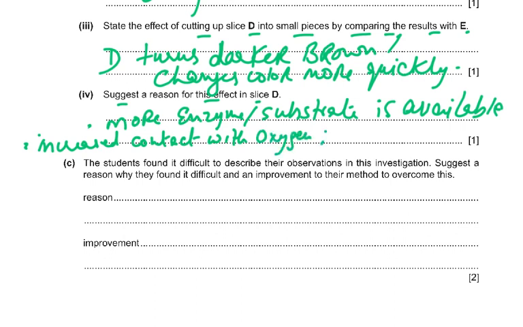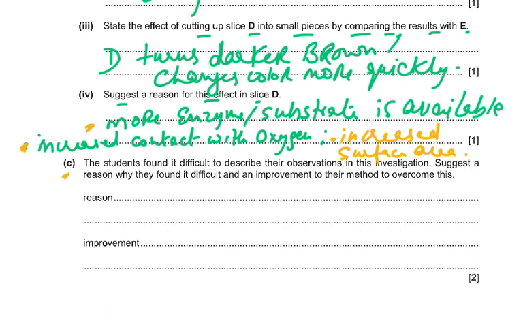That got you a second mark, but there's only 1 mark for it. And of course, cutting up the pieces increases the surface area. So I don't mean you have to write all 3 of these to get the 1 mark, but any one of these. There were actually 3 mark scheme points, 1, 2 and 3.